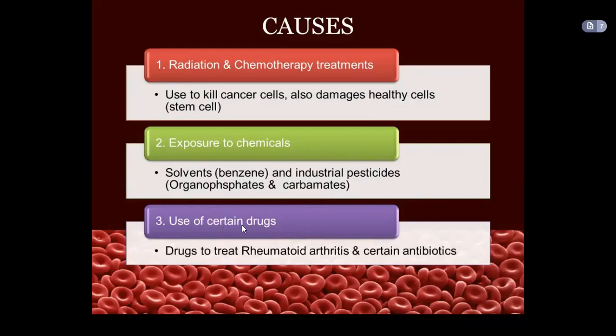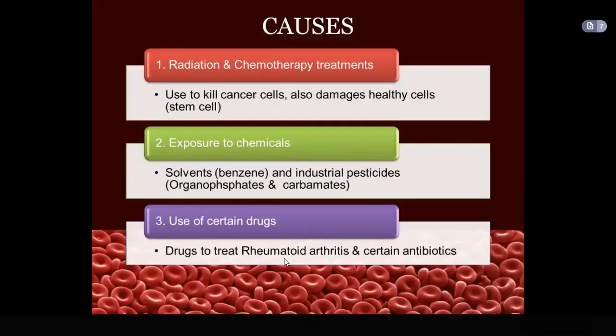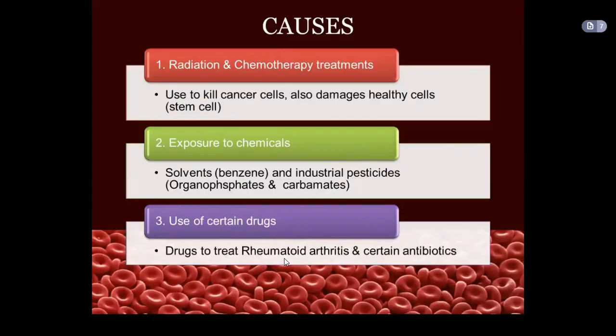Then there are certain drugs used to treat rheumatoid arthritis, and certain antibiotics. A patient with rheumatoid arthritis is sometimes given a drug called methotrexate, which is a kind of cytostatic drug. It will also inhibit the ability of the stem cells to grow, multiply, and produce blood cells.